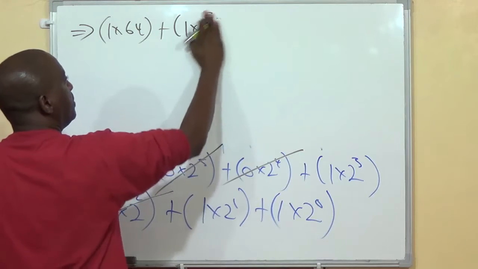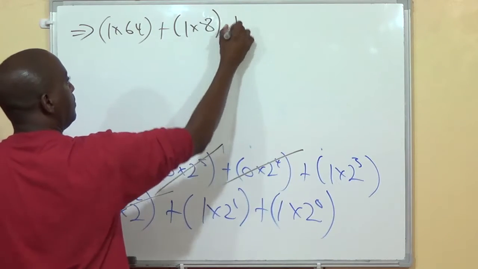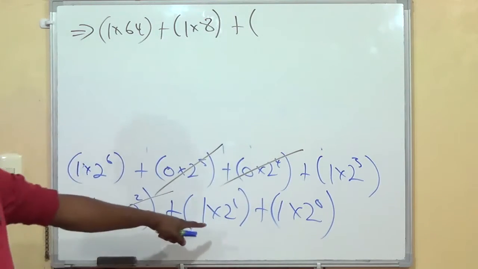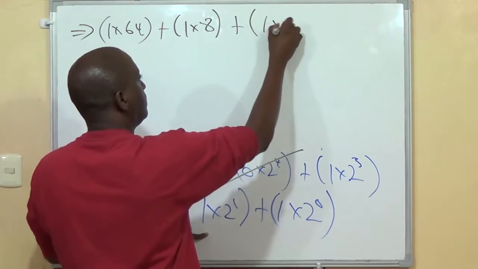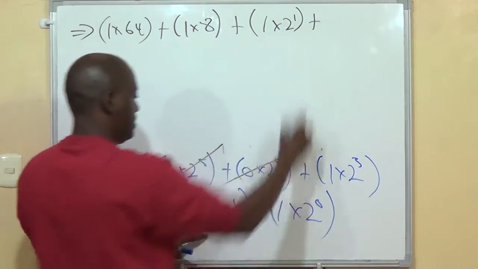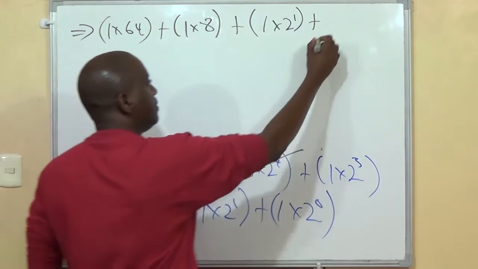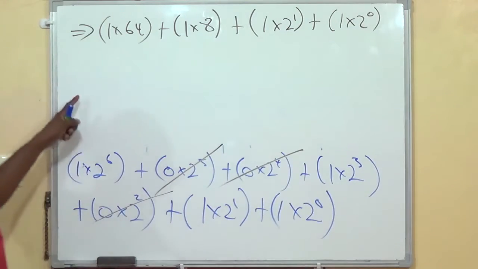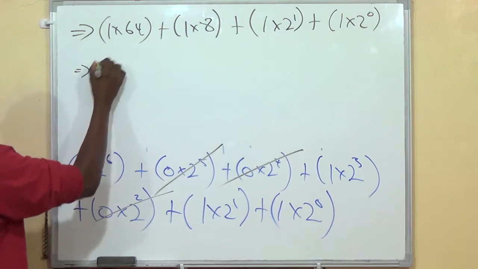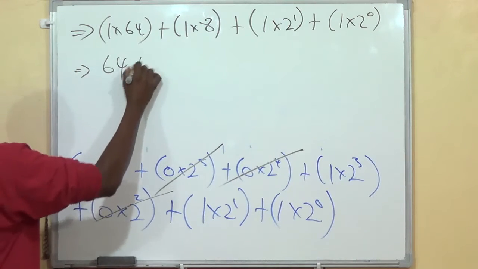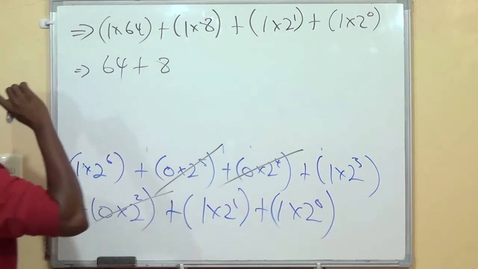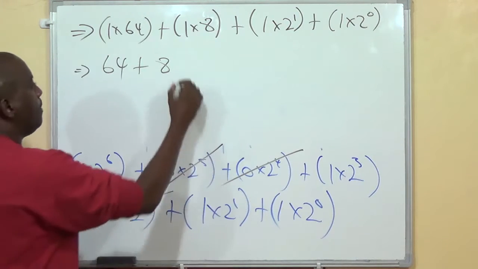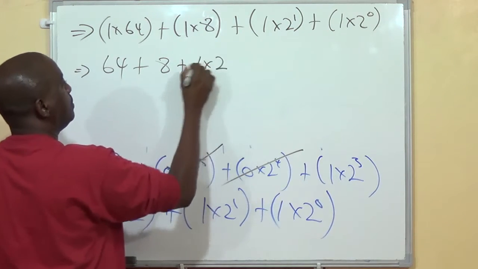Sorry, 2 to the power of 3 is 8. Plus 1 by 2 to the power of 1, plus 1 by 2 to the power of 0. Which is 1 by 64, which is still 64. Plus 8 is still 8. Plus 1 by 2 is still 2.